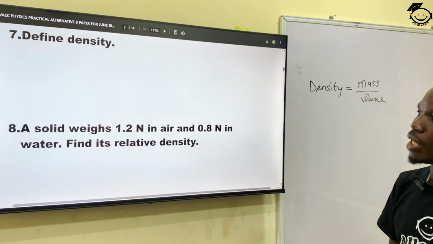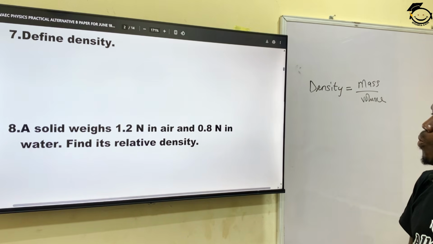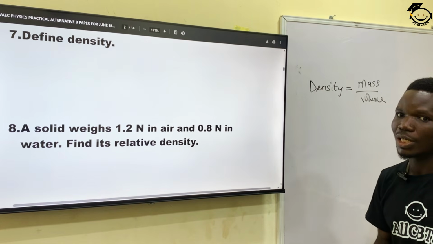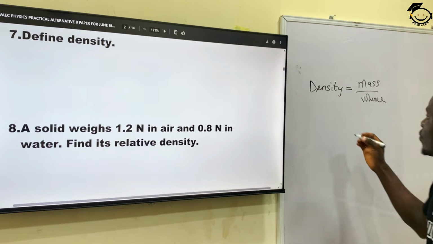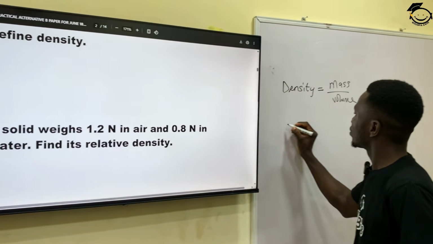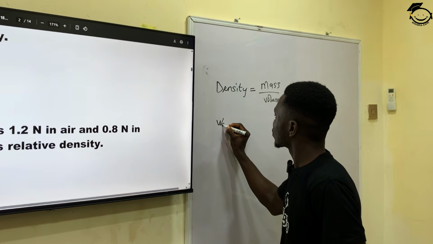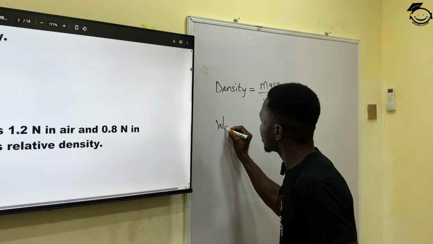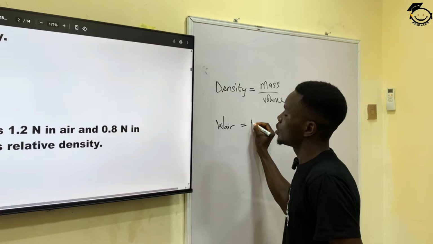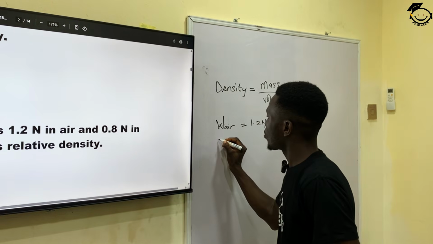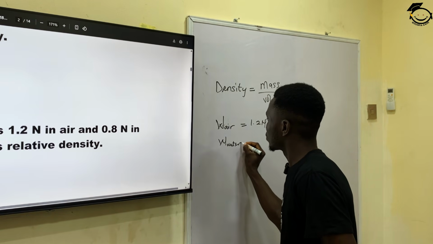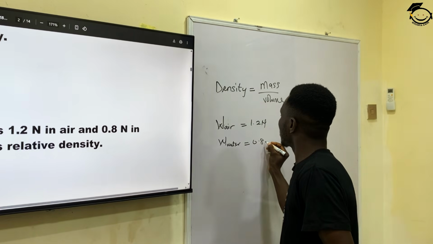It says a solid weighs 1.2 Newton in air and 0.8 Newton in water. Find its relative density. So we have the weight in air to be 1.2 Newton. Then we have weight in water to be 0.8 Newton.